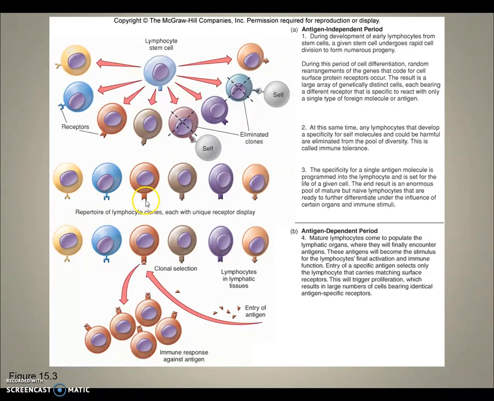We have all these different shapes for these protein receptors that are just waiting to see if an antigen fits with them. So they're hanging out in the lymph nodes after they have been screened. This is the process of maturation, right? After they have been screened in the bone marrow or in the thymus, they head to the lymph nodes and they're just waiting there for antigen to appear.